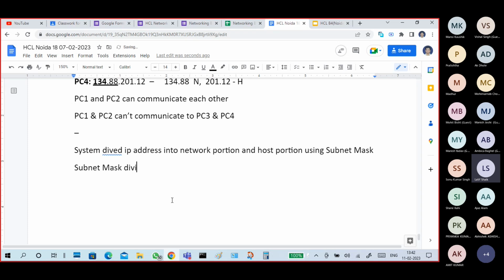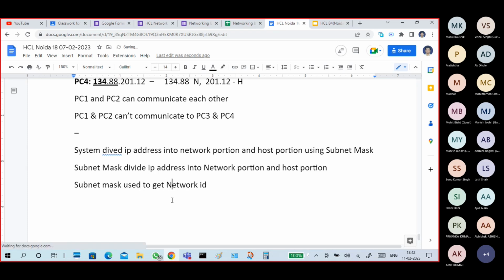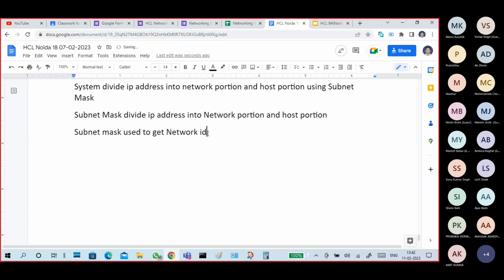The subnet mask divides the IP address into network portion and host portion. The subnet mask is used to get the network ID from your IP address.